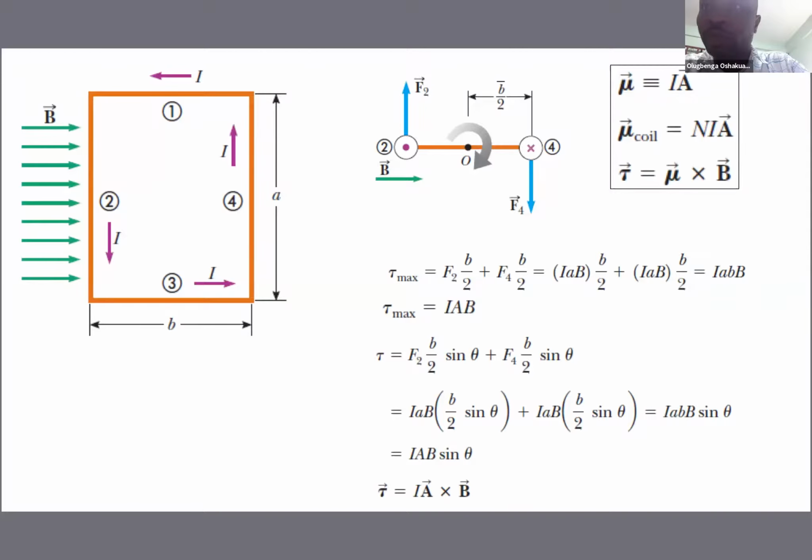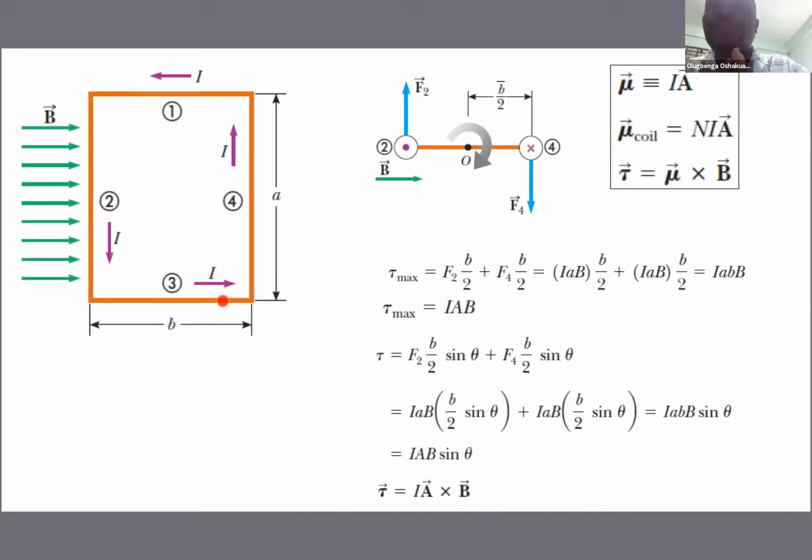Okay, so the direction of current in part 1 and part 3 is the same as the direction of the magnetic field. The direction of B here and the direction of I in part 1 are the same.